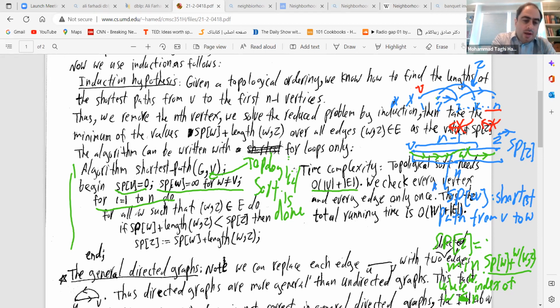Then what do we do? For all W such that WZ belongs to E, and again this 1 to N is the topological sort order, and we are going according to that.